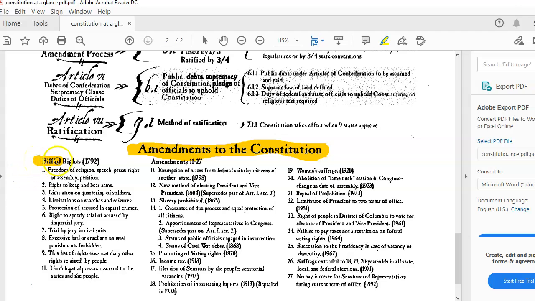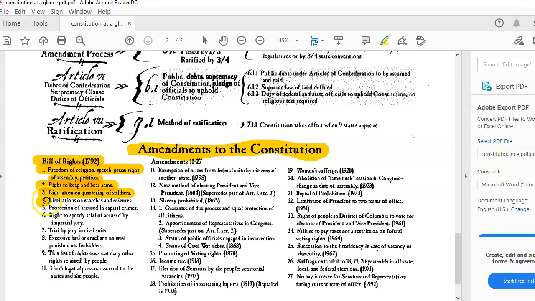So you need to know all 10 of the Bill of Rights, obviously. Number 1, freedom of religion, speech, press, right of assembly, and petition. You also need to know number 2, right to keep and bear arms. Number 3, limitation on quartering of soldiers, which basically means housing soldiers in your house.